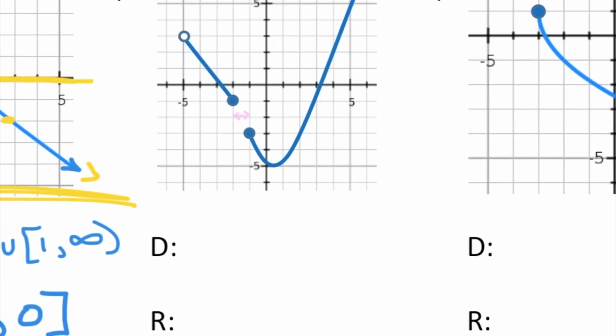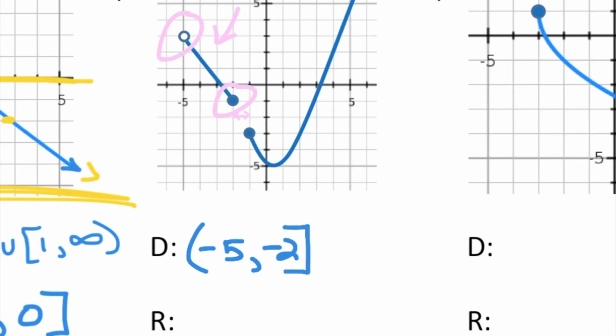I'm going to start with this piece over here, and it starts at negative 5, but it is an open circle at negative 5, and so it starts at negative 5 with round parentheses, and it goes to a closed circle at negative 2. So it's going to be negative 5 to negative 2, not including negative 5 and including negative 2.